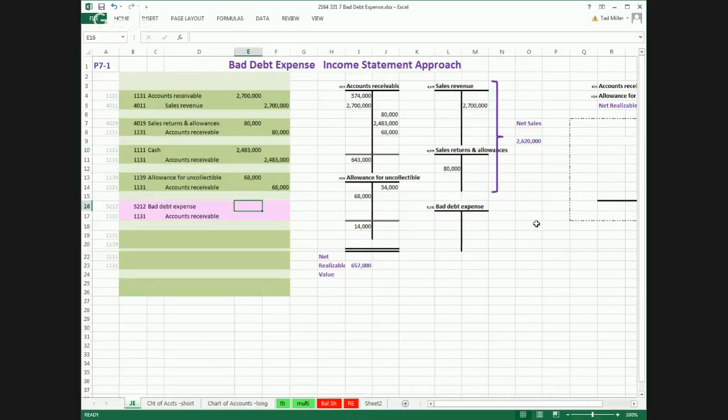In this problem, it says we're going to take 3% of net credit sales and call that bad debt expense. So we're going to estimate bad debt expense. And notice it's 3% of net credit sales. We didn't even need to know what was in the allowance account. We could have worked this problem without even knowing what was in our allowance account.